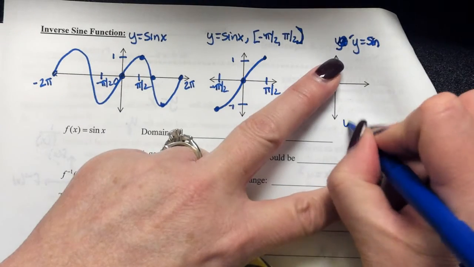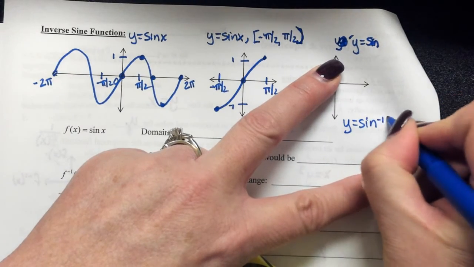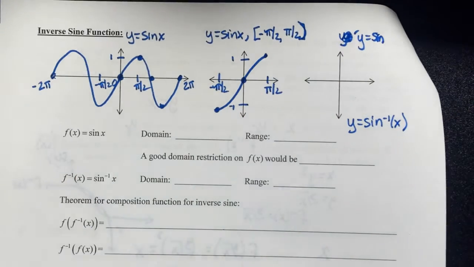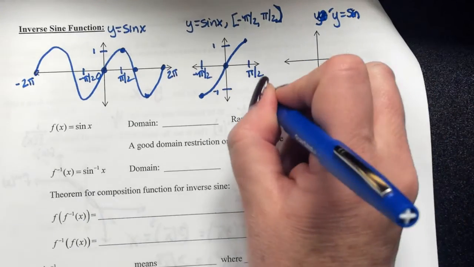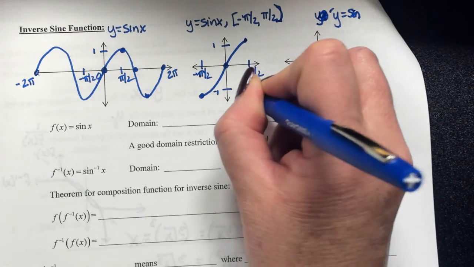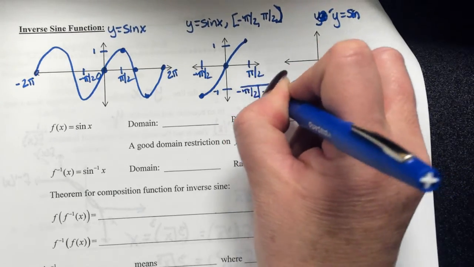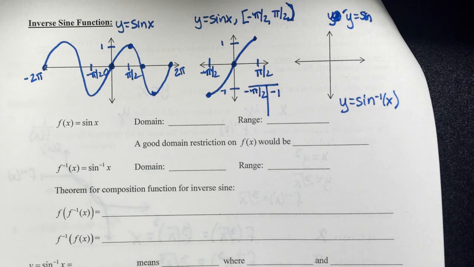I'm going to write it underneath, my staple's getting in the way. So now remember, on this graph, I've got the point negative pi over 2, negative 1. You told me a few minutes ago we find the inverse by doing what? We switch the x and the y.